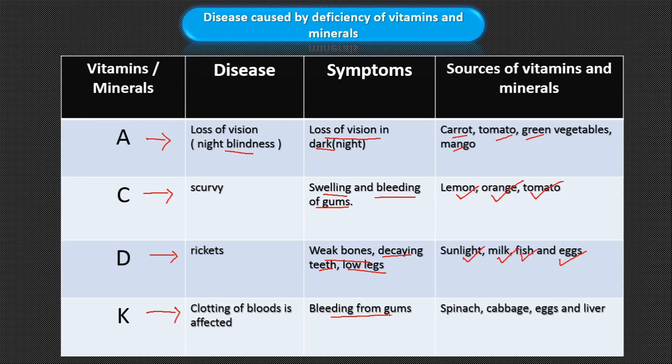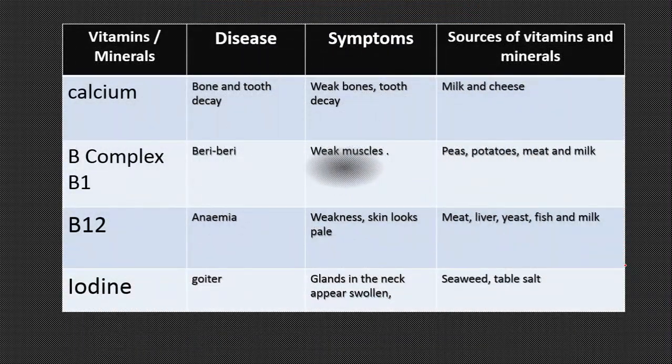Bleeding from gums is the symptom, and spinach, cabbage, eggs, and liver are good sources of vitamin K. Now, lack of calcium causes bone and tooth decay. Weak bones and tooth decay are the symptoms, and milk and cheese are good sources of calcium.